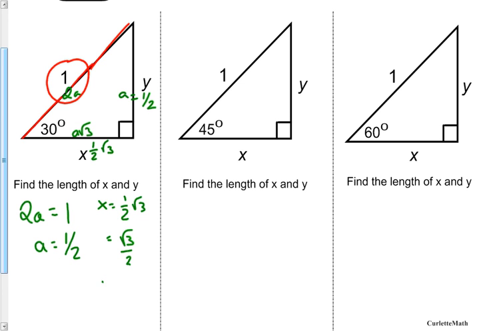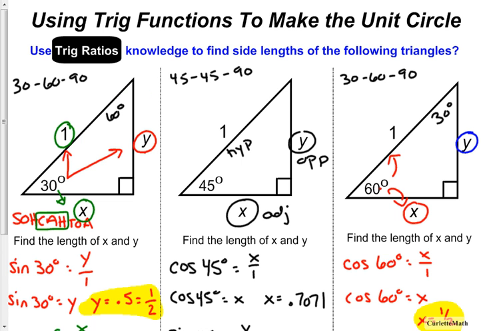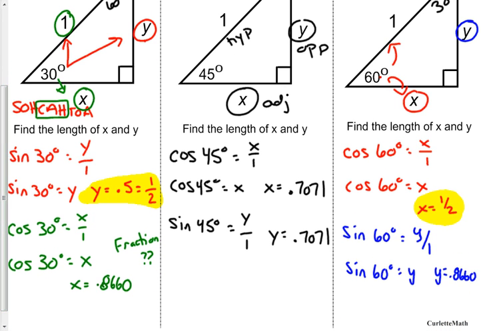So x equals the square root of 3 over 2, and y equals 1/2. So that decimal we got on that previous problem, that I said, what is this decimal here? Well, that's the square root of 3 over 2 for our fraction.